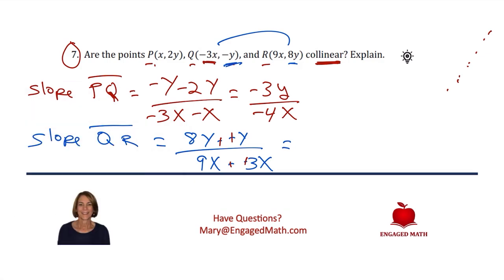Okay, so let's go back here, and we're going to get 9y over 12x.